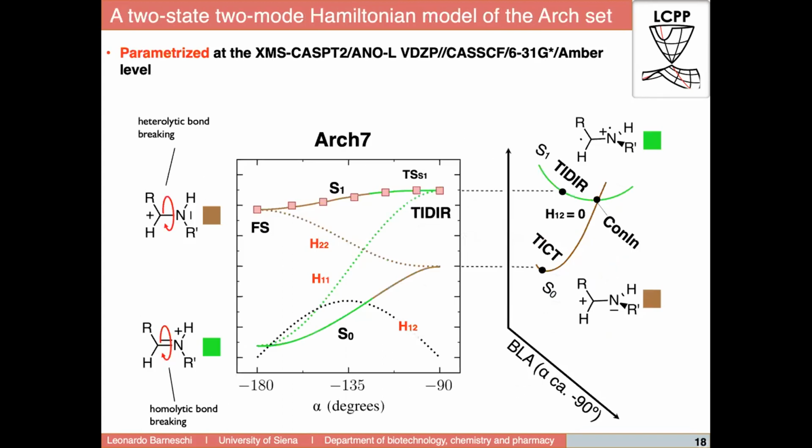So since we have this clear representation of the electronic character of basically all these stationary points on the excited state potential energy surface, we wanted to demonstrate that we could fit our ab initio data with a very simple analytical model.